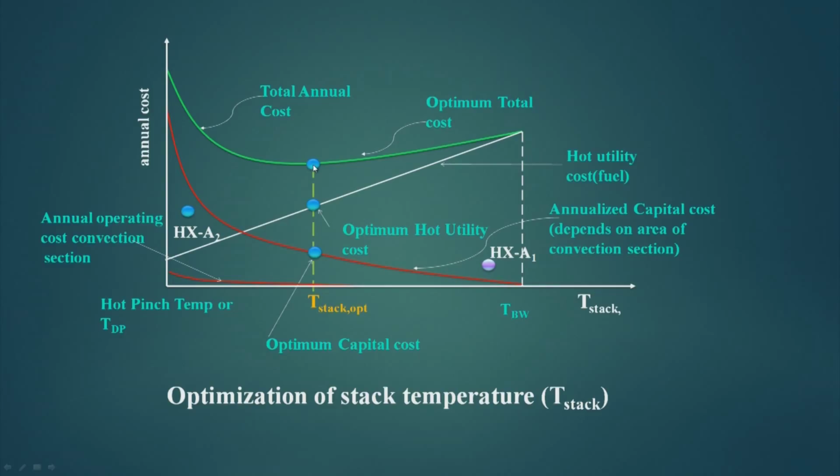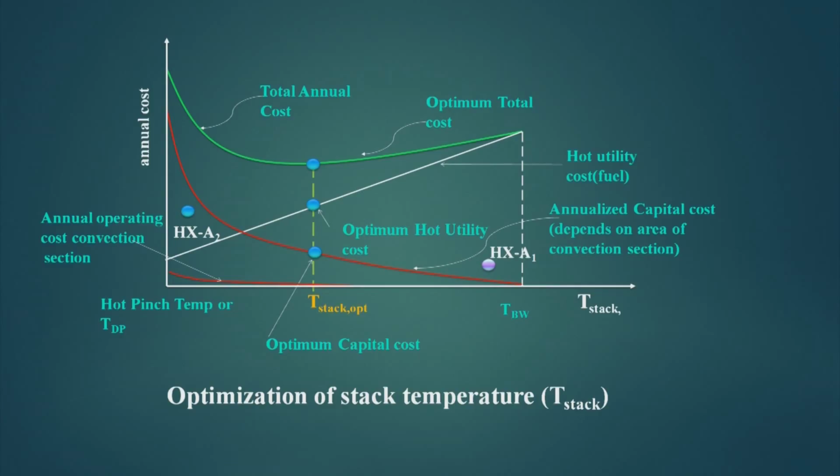So, we can pick up the minimum point, and then draw a line vertically, perpendicular to this axis, that gives me T stack optimum. If I keep the value of T stack at this point, then the total annual cost of operating the convection section will be minimum.